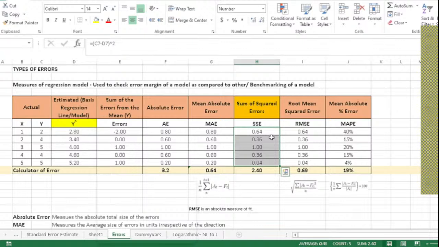Minus and plus are going to cancel out, and I will not be able to analyze the deviations. I will not be able to analyze the errors. That is why first I square and then I sum it up. Next, there is an issue with this sum of squared errors.